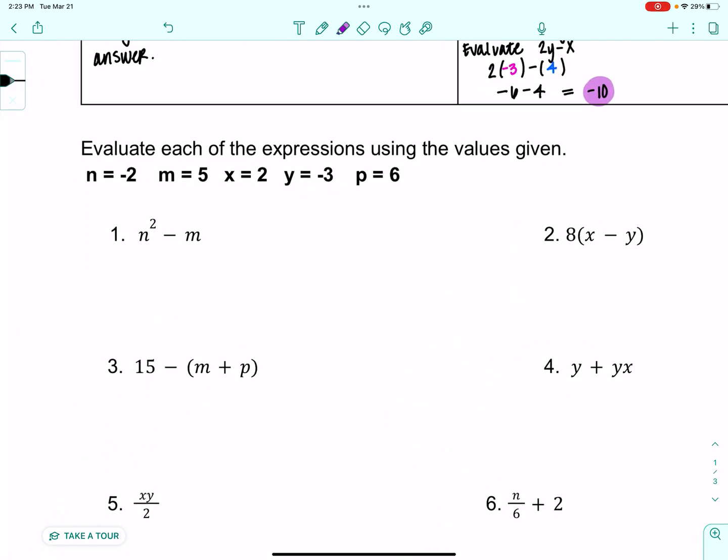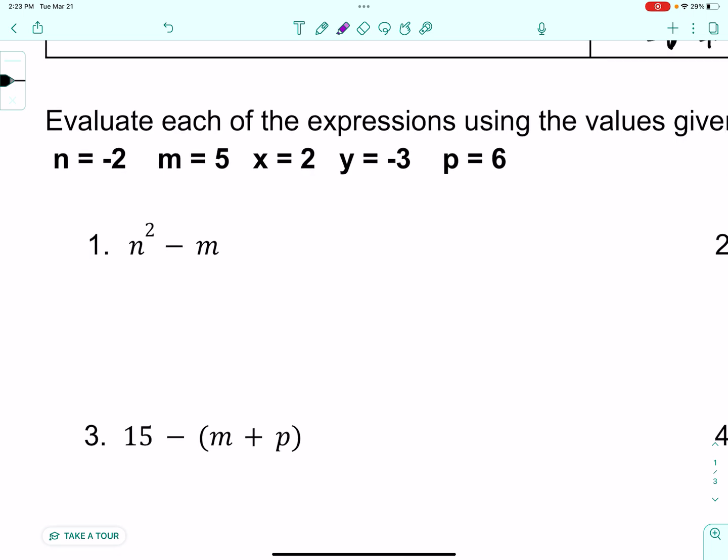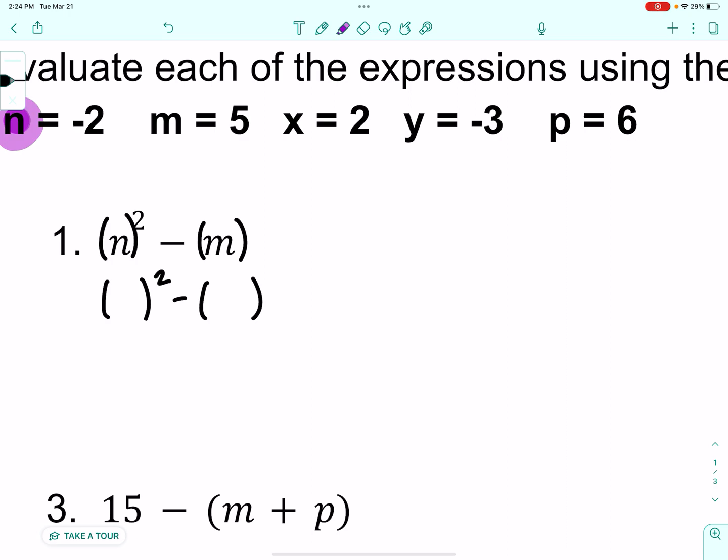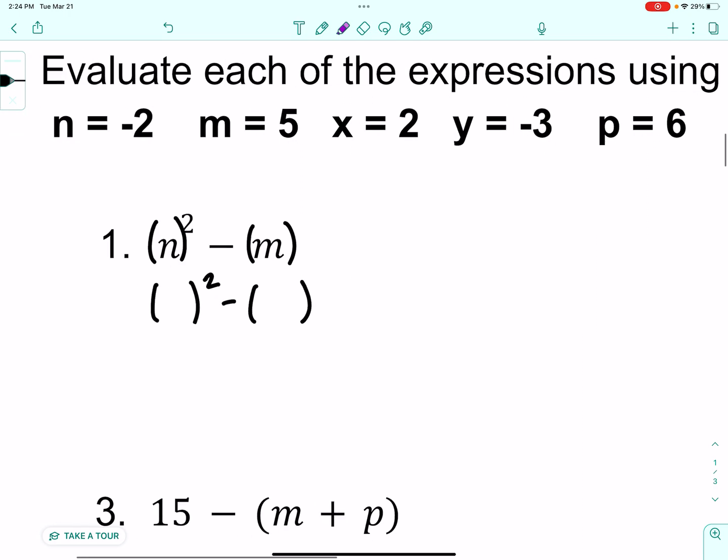So let's look at a couple of these. We want to evaluate each of the expressions using the values given. So what I'm going to do is go through and create holes where my variables are. And I know that n is -2. So I'm going to put a -2 in the n spot.